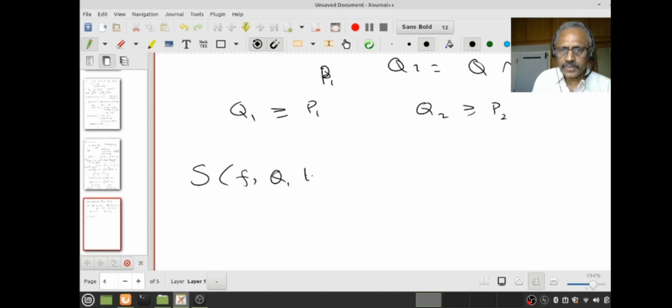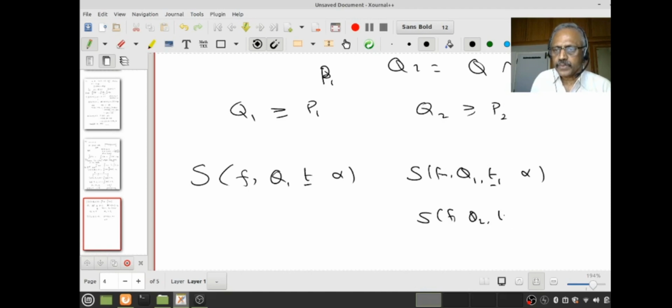The next question is, what's the relation between S(f, Q, T, alpha)? Now I have S(f, Q1, T1, alpha) and S(f, Q2, T2, alpha). And I'm sure that you understand what is T1. T1 is T intersect with AC. That is the set of points in the tags of Q, and look at only those tags which are in the interval AC, call it T1.